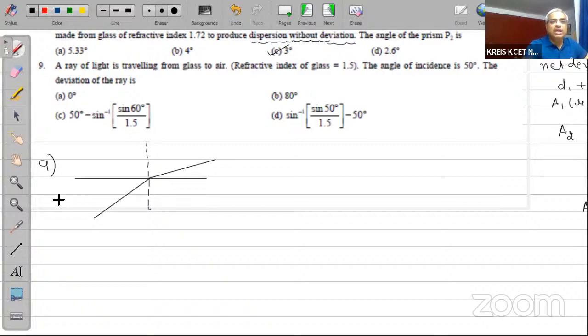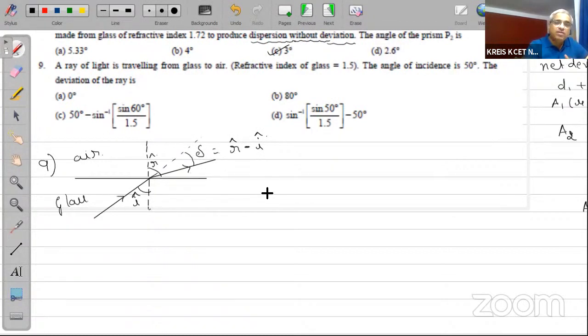So let us take this as glass, and here this is air. So light is traveling from glass to air here like this. Now this would be your incident direction, correct? This will be your angle I, this will be your angle R. So deviation essentially will be equal to R minus I. R minus I. That is what we need to understand.